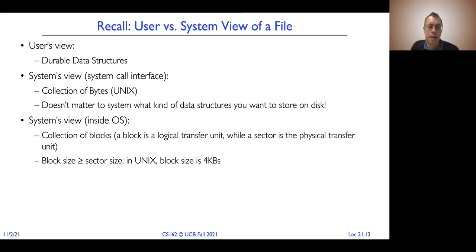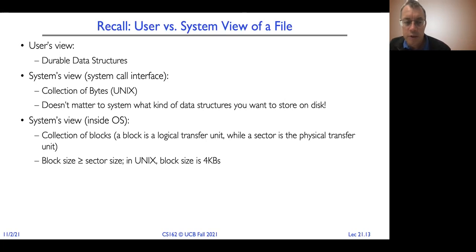The system doesn't have any idea about what data structure the application has. It just sees a bunch of bytes, a collection of bytes. So the system then needs to take this collection of bytes and write them on the device, the hard disk drive.